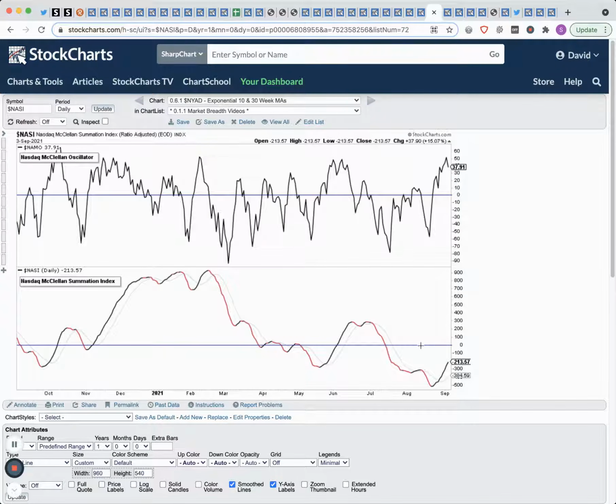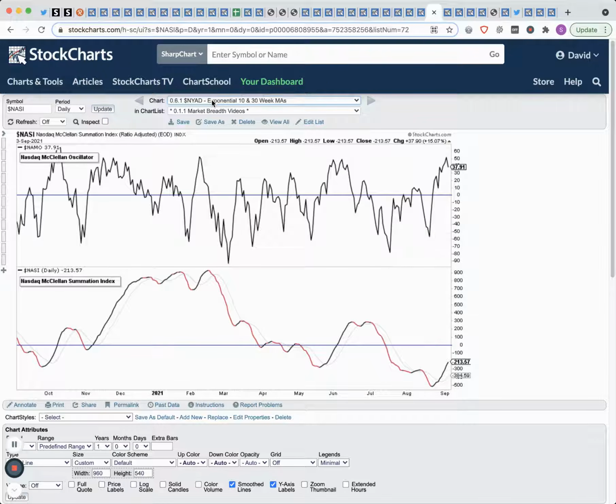So it's in a bullish stance, but it's still below the zero line, so it's kind of neutral to bullish at the moment on the summation index. But you can see we had a higher low on the oscillator back in August, and then it got back above its zero line. It's been holding above the zero line for a while now. During July, August, it was mostly below the zero line, so we're back in a more positive environment on this one.